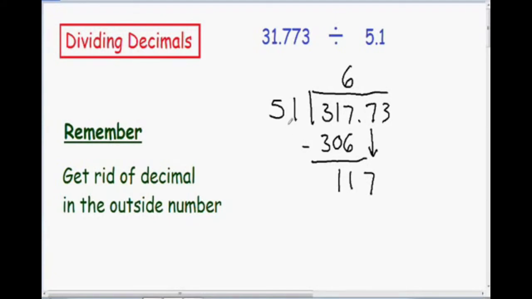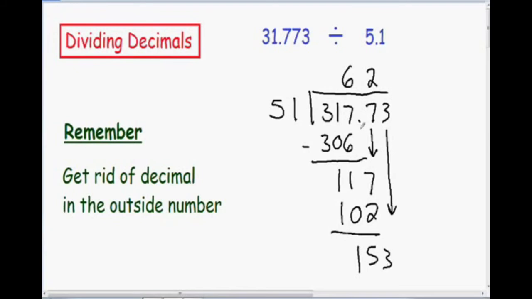Well, we know that 50 goes into 100 2 times, so I'll guess that 51 goes into 117 about 2 times. And 2 times 1 is 2, and 2 times 5 is 10. So 7 minus 2 is 5, and 1 minus 0 is just 1, and bring down my 3.